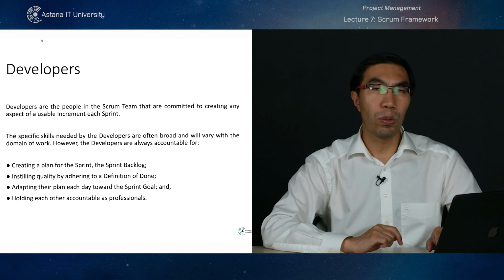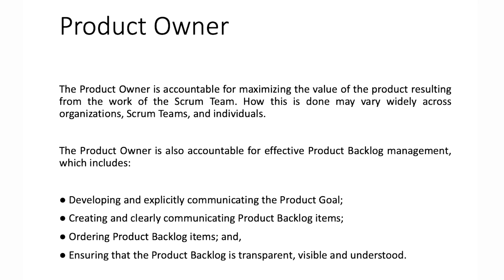So now let's continue with the product owner, who is accountable for maximizing the value of the product resulting from the work of the Scrum team. How this is done may vary widely across organizations, Scrum teams, and individuals. So the product owner is accountable for effective product backlog prioritization.